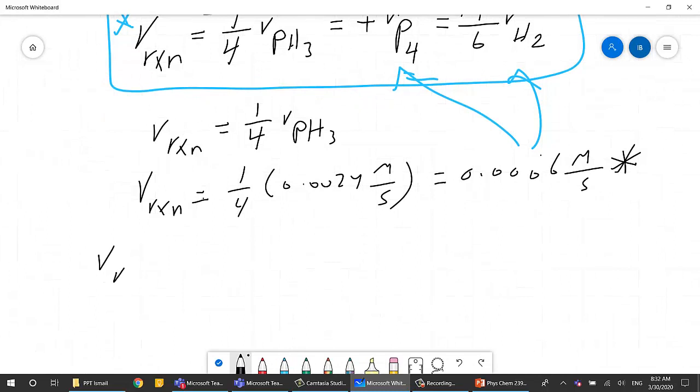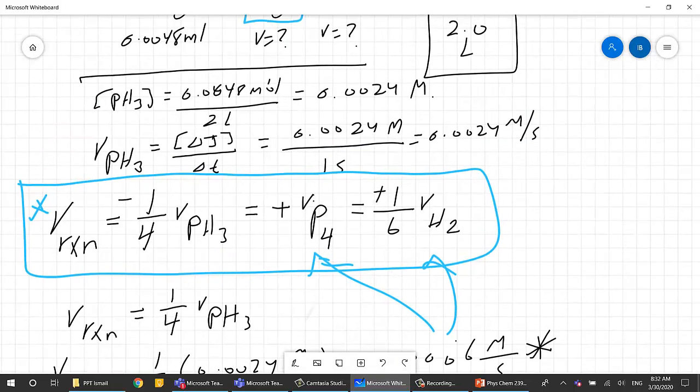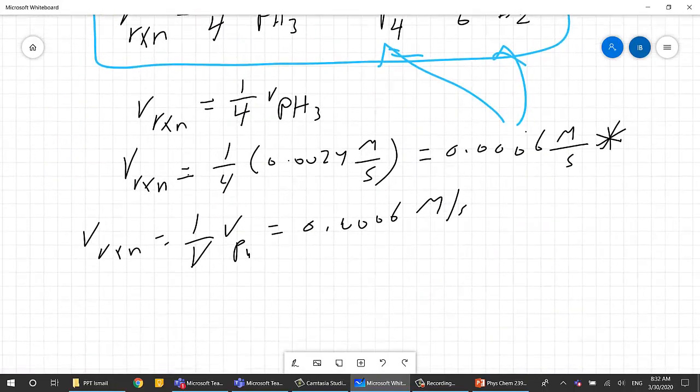So V of reaction is equal to 1 over 1 V of P4. So P4 has the same value, 0.006 molar per second. But the hydrogen will be different. Hydrogen will be 1 over 6.